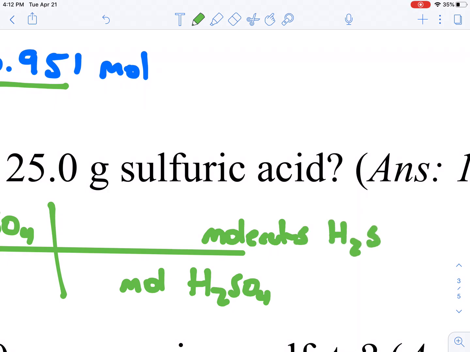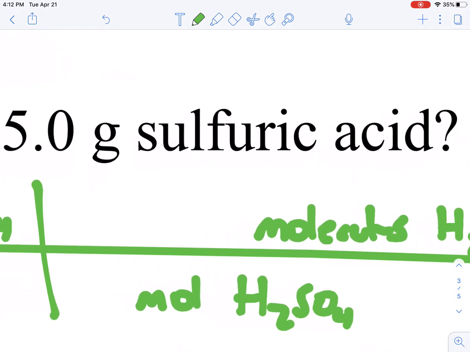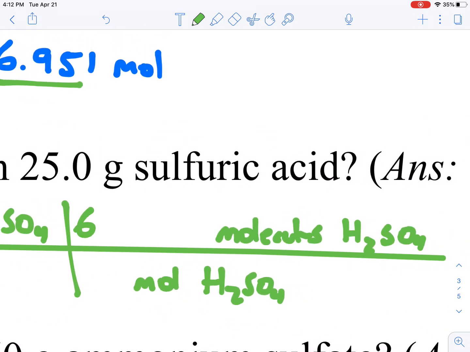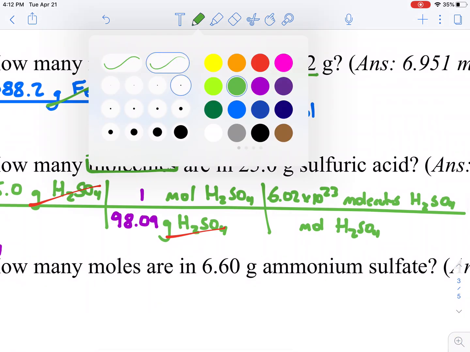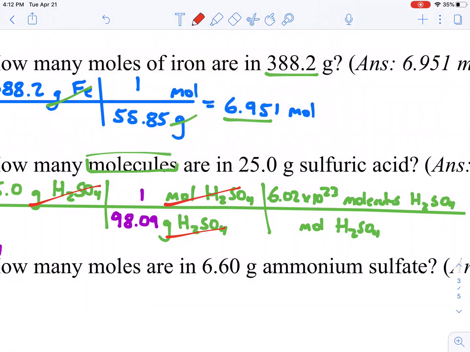Molecules H2SO4. And do we know how many molecules are in a mole? Of course we do. We know that there are 6.02 times 10 to the 23rd things in a mole. Much like there are 12 things in a dozen, there are that many things in a mole. Now our moles cancel. Sorry, this was in 1 mole.